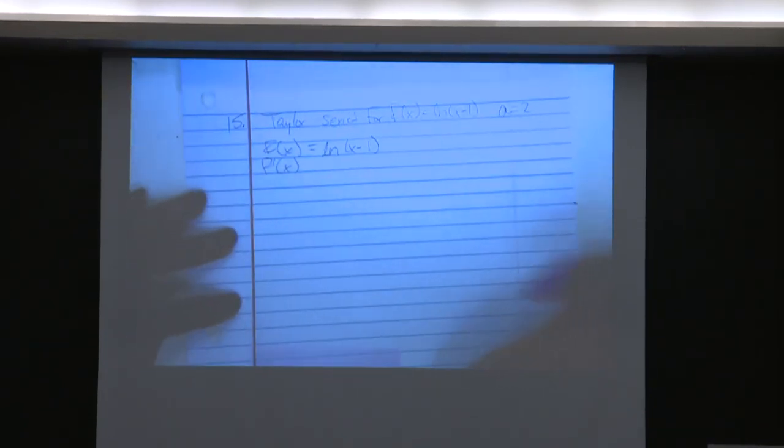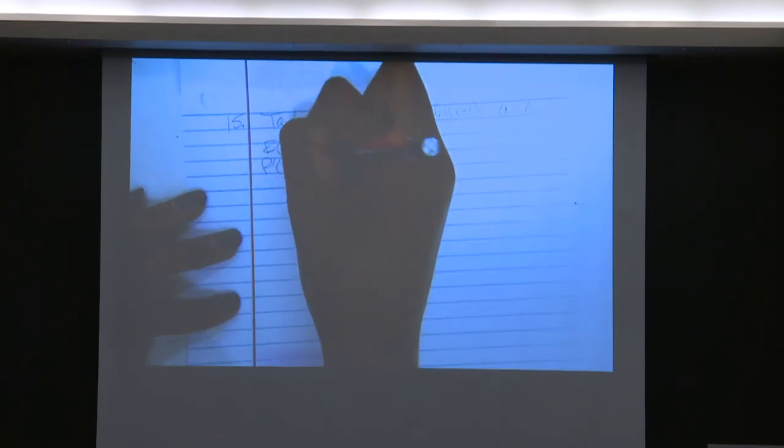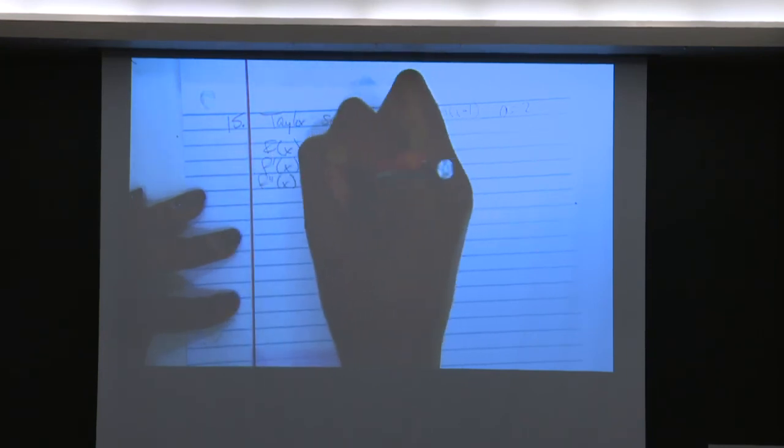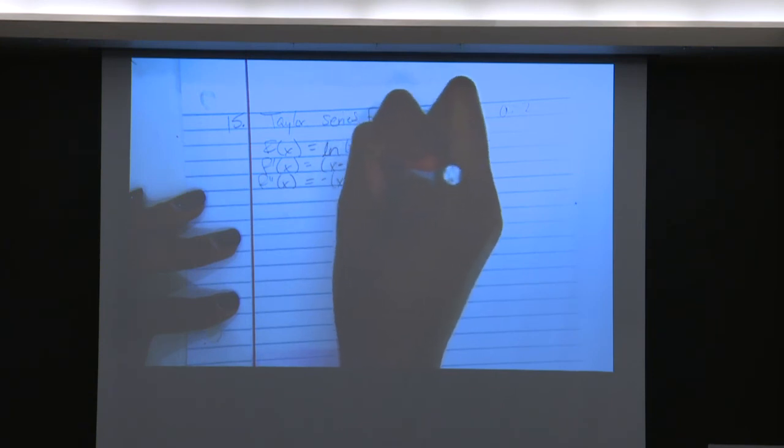I just got to go ahead and set up my graph. Or I'm not really going to set up a table. I'm just going to go ahead and go through. But if you have any questions, please let me know. You can't see? Okay. So just go ahead and go through and take the derivative. You get x minus 1 to the negative 1. You get negative times x minus 1 to the negative 2.